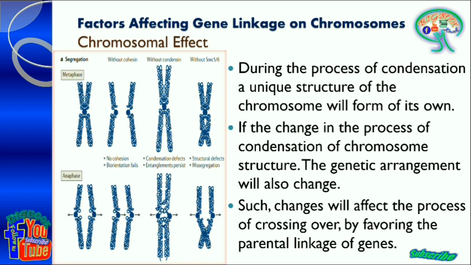Chromosomal effect in this form is very negligible compared to the other forms of effects. So such changes will affect the process of crossing over by favoring the parental genes. It means when the homologous chromosomes do not get into pairing, there can be chances of no crossing over, and the parental combination can get inherited.